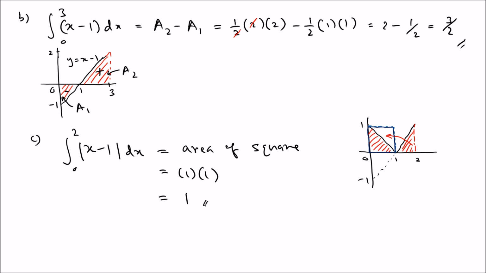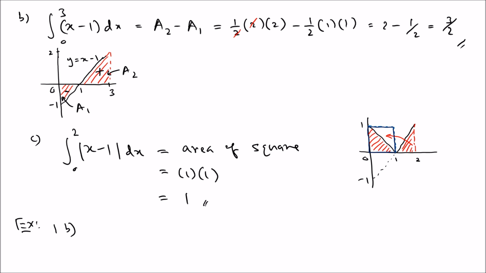Good. So I'm going to give you some problems for you to try. So these are something that you can try. So how about this one? So this is 1b.